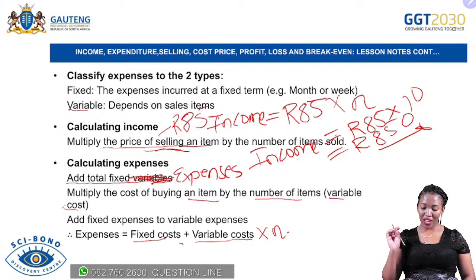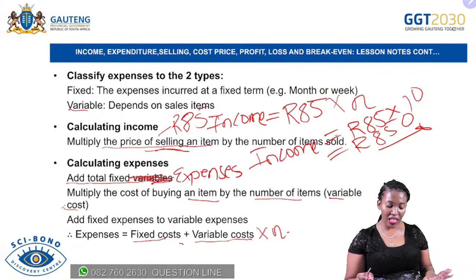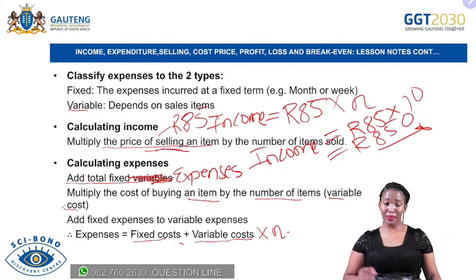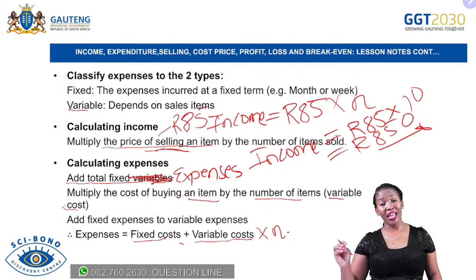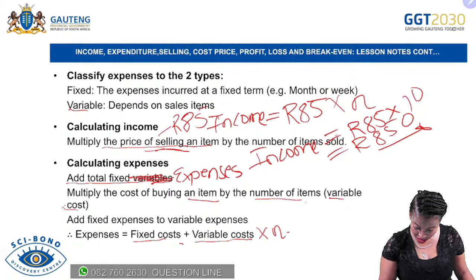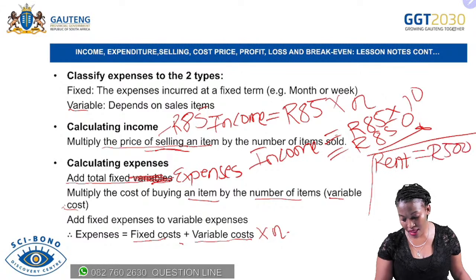I'm trying to think of an example. Maybe I'm running a company and my fixed expense for this company is to pay rent. I'm selling fat cakes at a school tuck shop, and every month I have to pay rent. Let me write it here. For rent, I pay 500 every month.